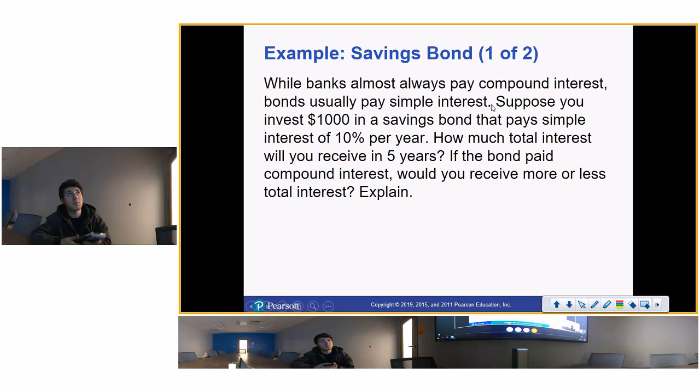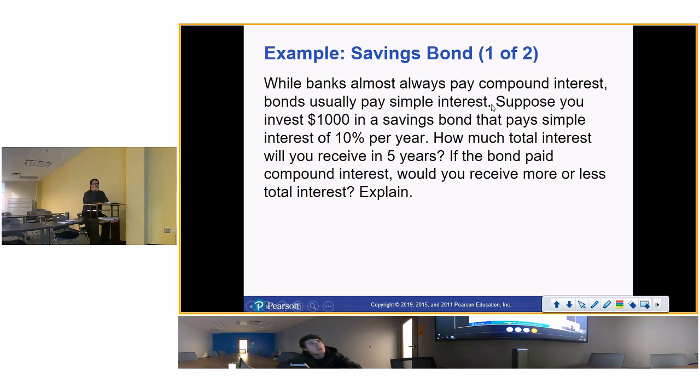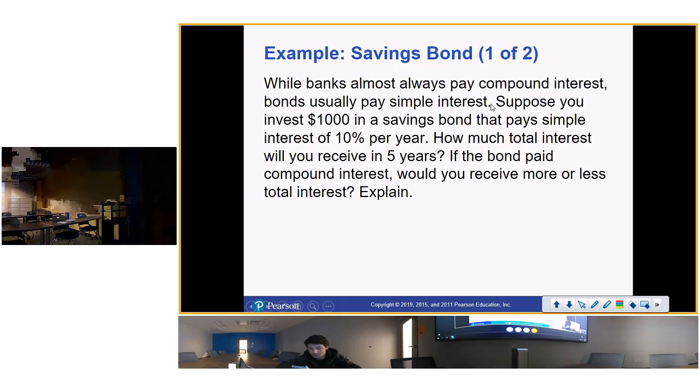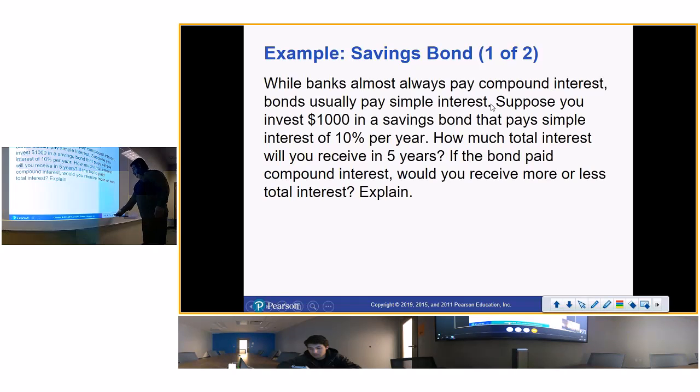Okay. Now there's two ways you can do this. I don't know if they're going to do it both ways. But one way is put in 1,000 plus 0.10 of 1,000. Do that in your calculator. You don't have to, because what's 10% of 1,000? 100.